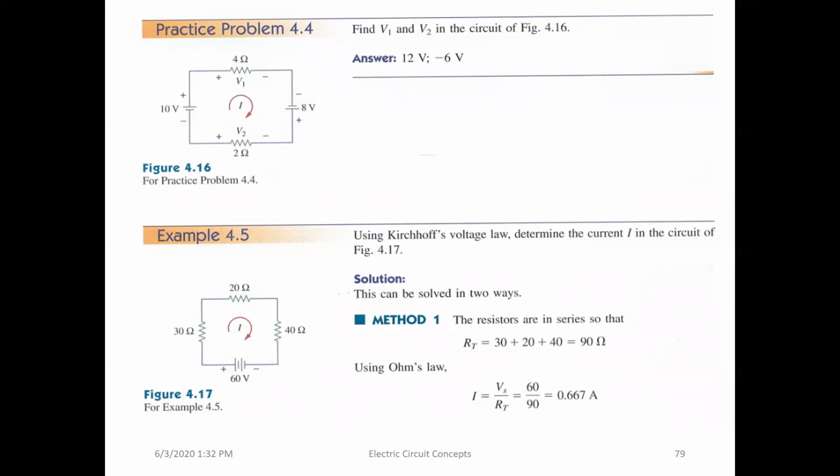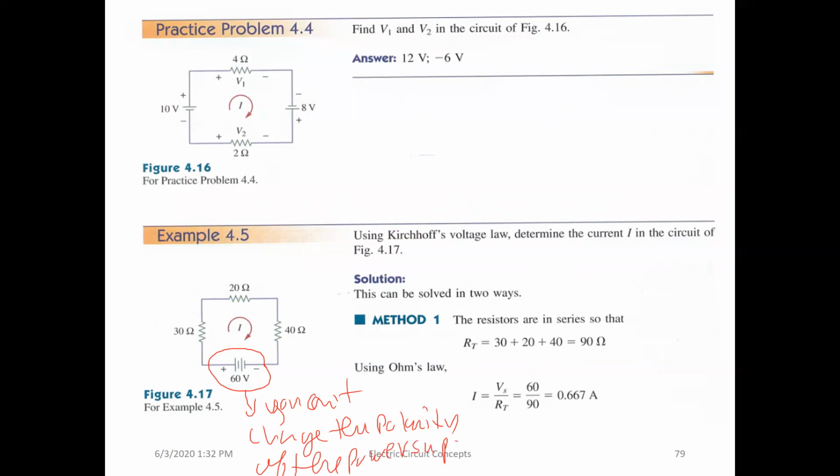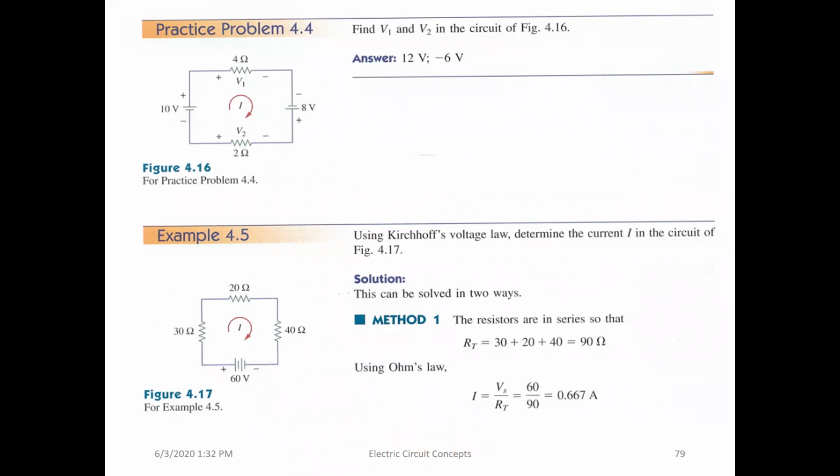So in this example, you cannot change the polarity of the power supply because it's already marked. Here's a plus, here's a minus, you cannot change it. It doesn't matter what the current direction is here. Okay? And this is a rule here, so you cannot do that.